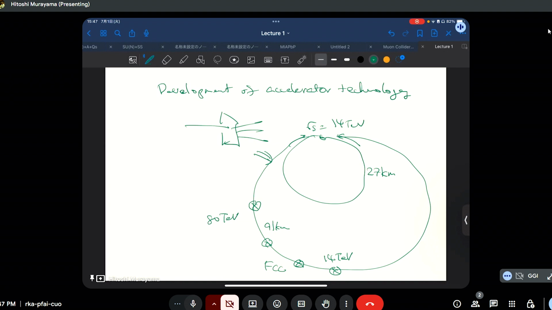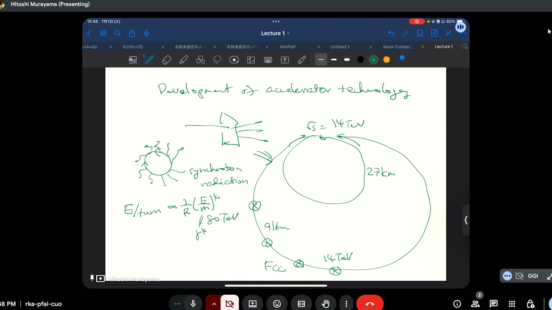But in addition, I'm sure you heard about the other options too. In the case of an e+e- machine, building a circular collider would be a problem, because whenever you bend the electron beam along the shape of the tunnel, it radiates synchrotron radiation, and the energy loss per turn goes like 1 over r times the energy of the beam over the mass of the particle to the fourth power, which is nothing but gamma to the fourth.